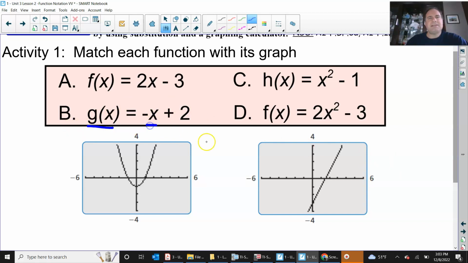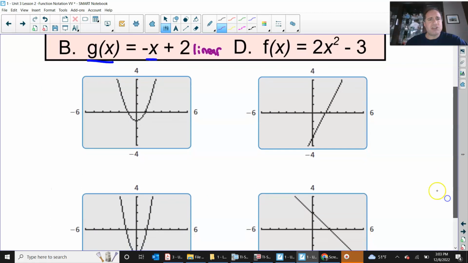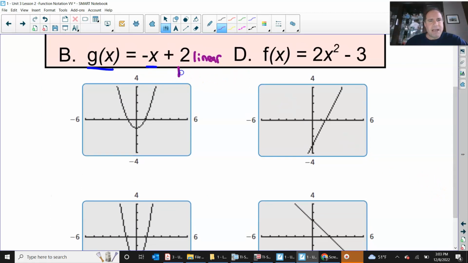If I see this -x plus 2, I know that I'm looking for a linear function. Right off the bat, this is linear because it's in y equals mx plus b format. So I'm just going to look for a line that goes straight down from left to right and crosses at 2. So my b, I know right here, equals 2.